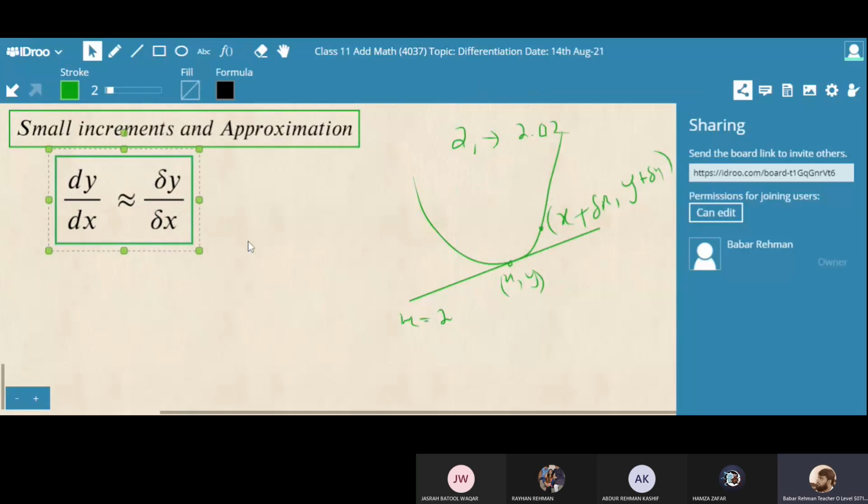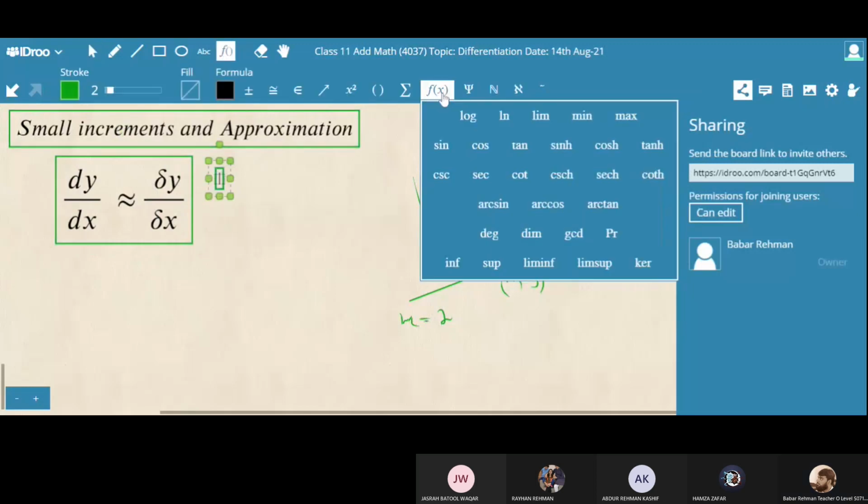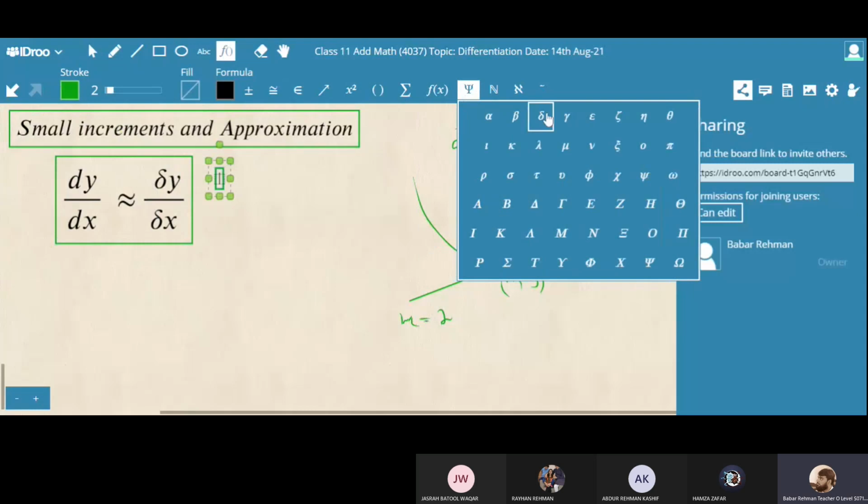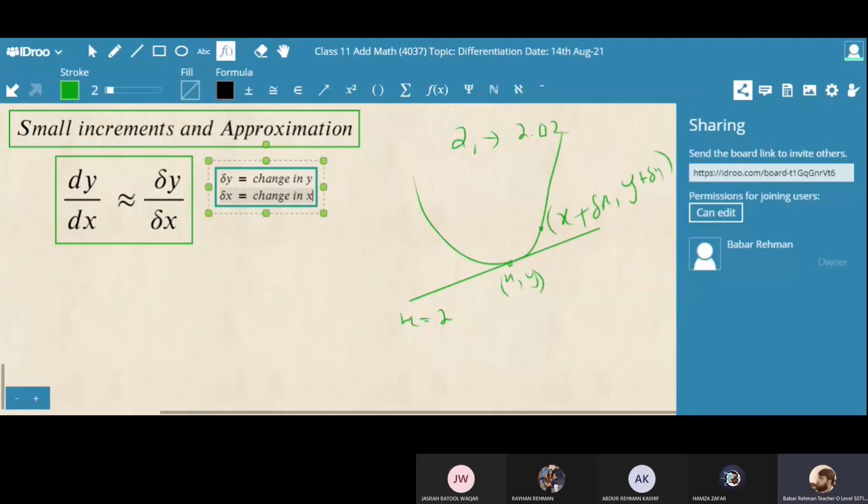Now a change in y. Look at these important points and note them down. This means change in y, and this means change in x.